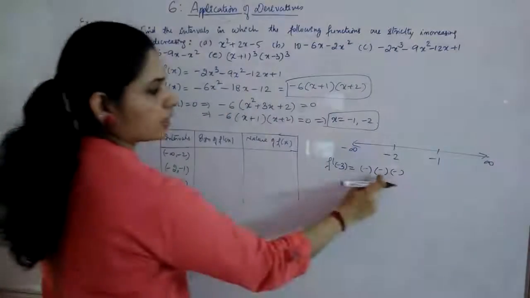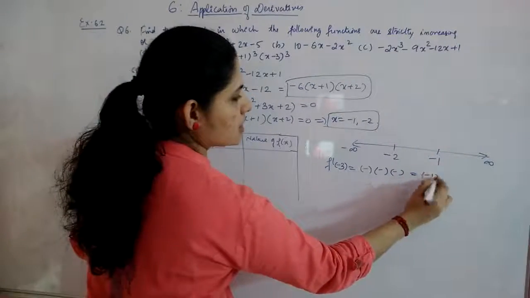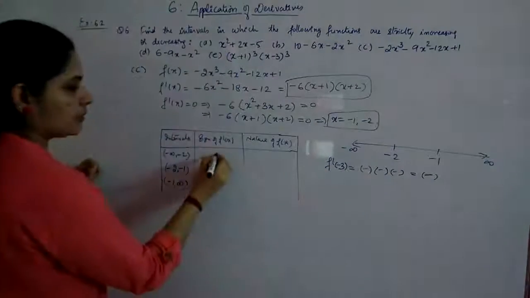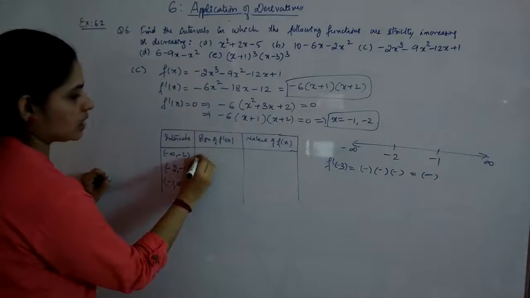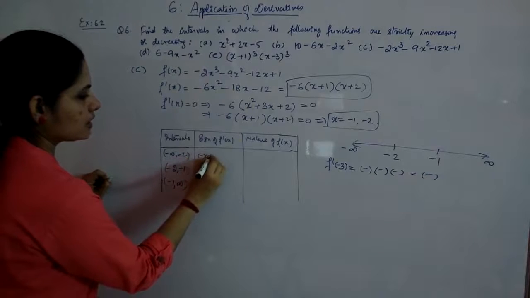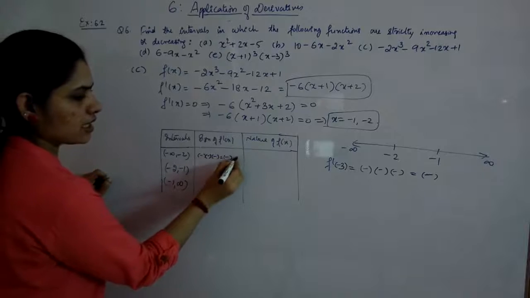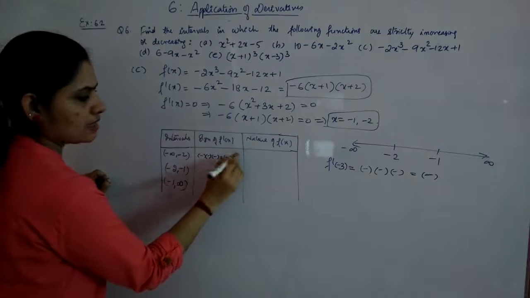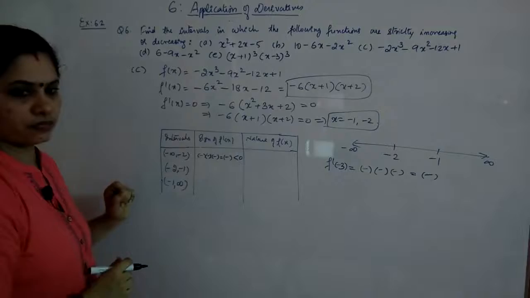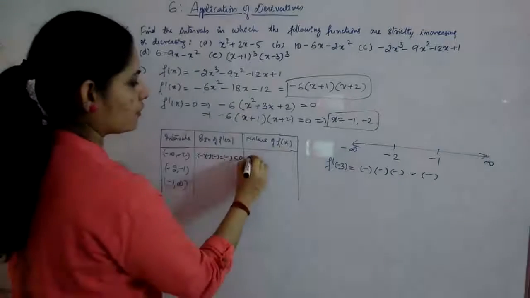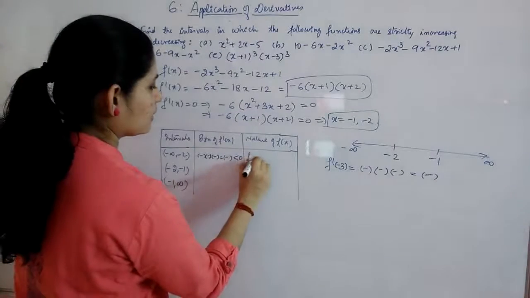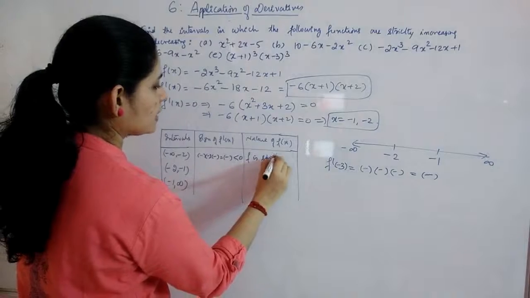So you will get in total a negative sign. Minus into minus into minus is equal to minus, or you can say it is less than 0, negative. And nature of f of x will be strictly decreasing.